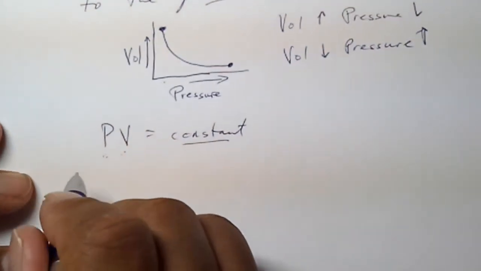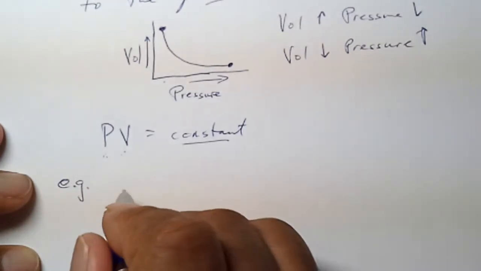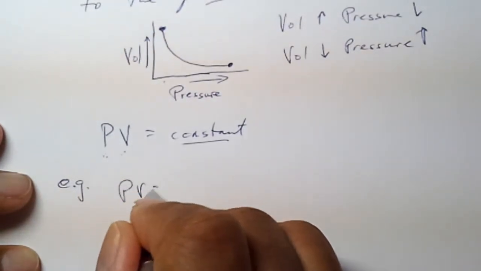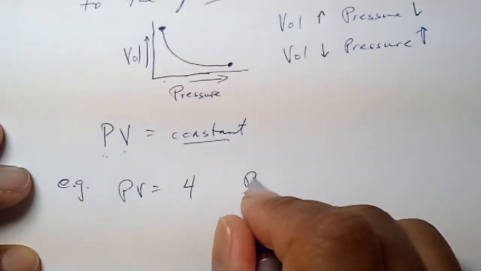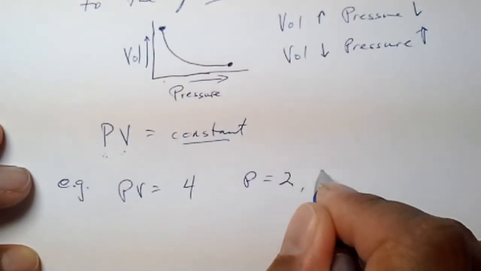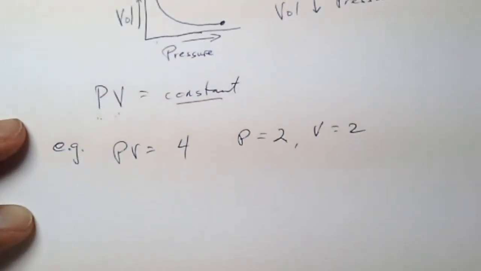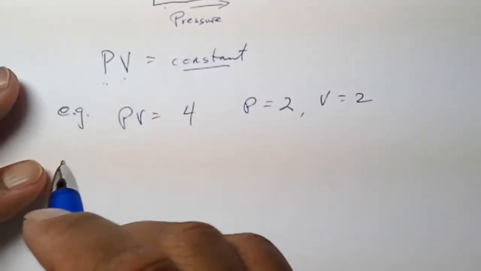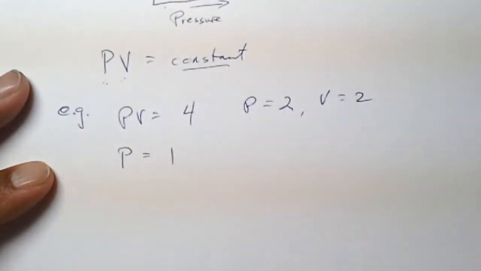For example, if I had a constant PV equal to 4, that would suggest my pressure is equal to 2 and volume is equal to 2. Well, what if the pressure was equal to 1?